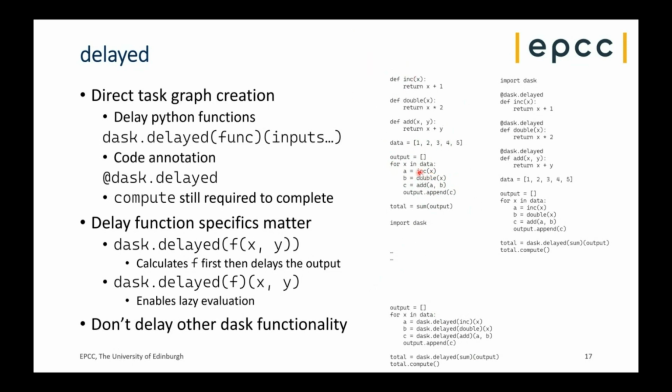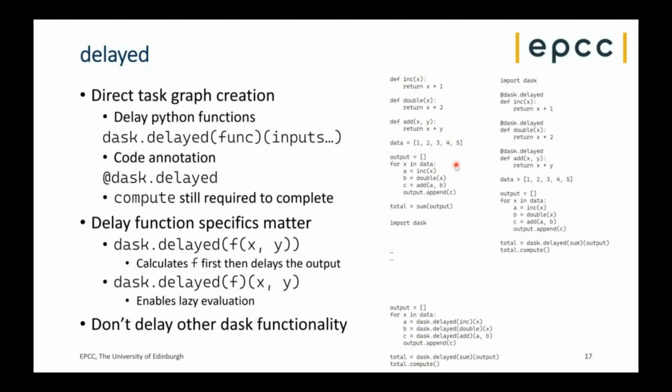So one way is just to take exactly that program and put this function dask.delayed and call each of my user-defined functions here, inc, double, add, as a delayed task. That will build the task graph for me here. I do the sum as a function here, and then I call this total compute at the bottom, and that calculates the task graph and will parallelize it for me.